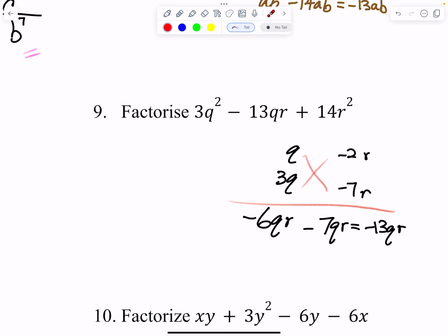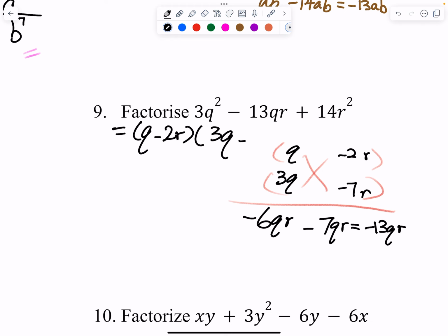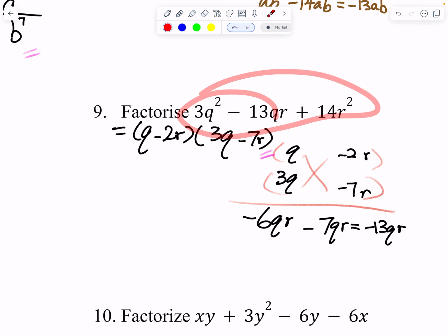So, that means that's the bracket. So you write it: (q - 2r)(3q - 7r), and that's the ending. Of course, always check. Have a good habit of checking if there's anything common. If you don't like that thing, then you do the checking in advance.